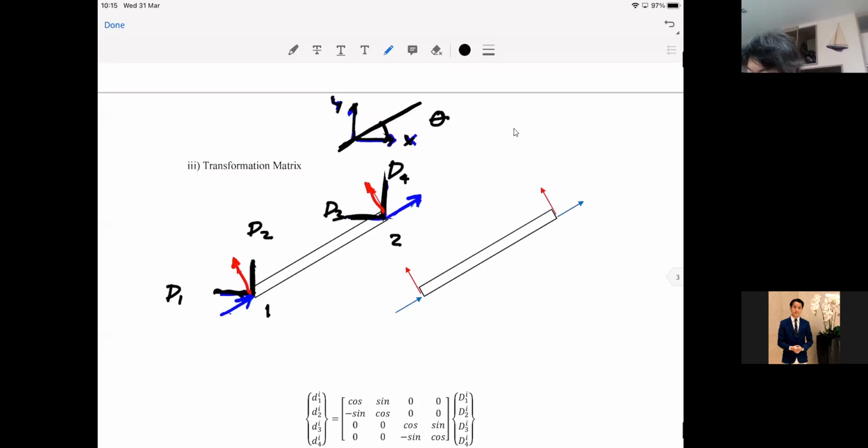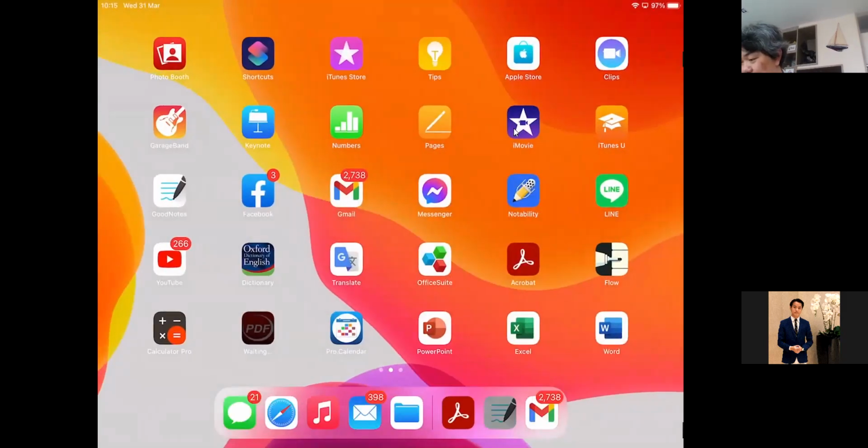So I'm going to try to turn the global values D1, D2, D3, and D4 into the local ones. Okay, I'm going back to my GoodNotes now.